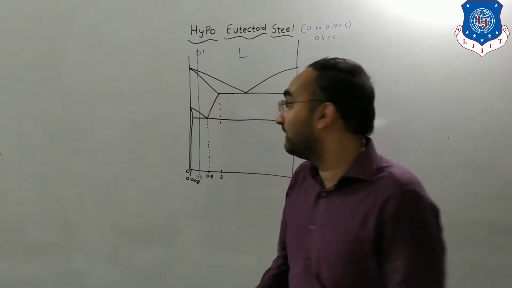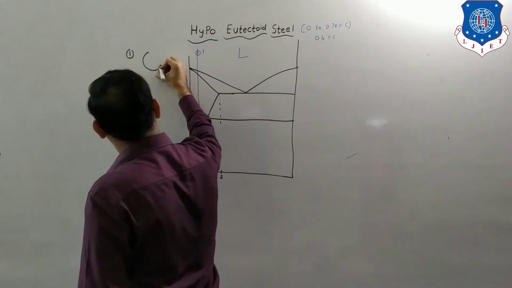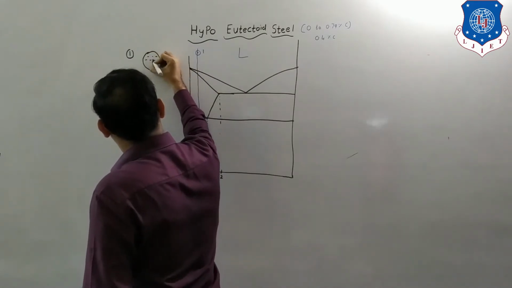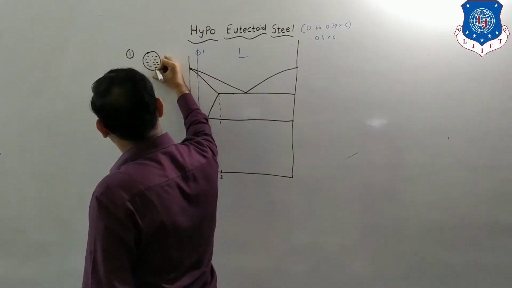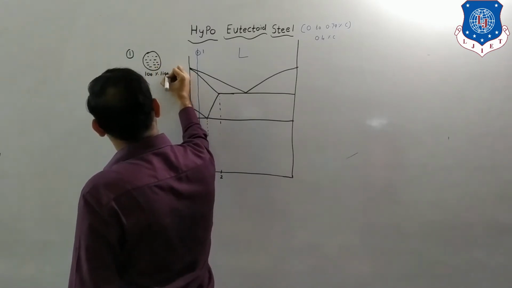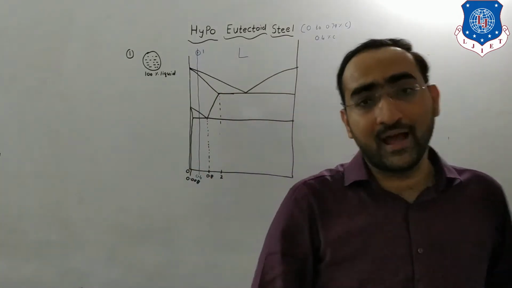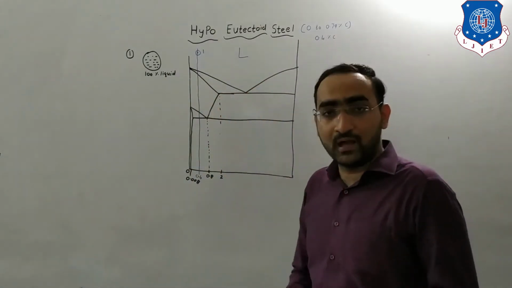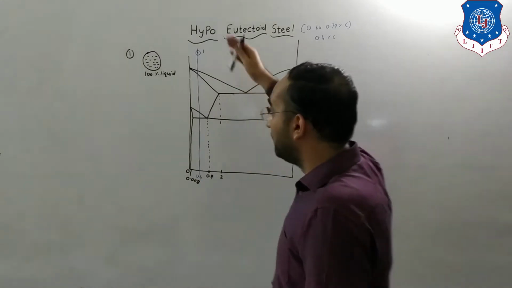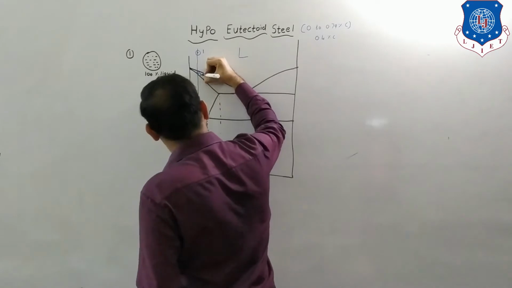So how does the liquid appear? The liquid region appears as 100% liquid iron. Now when we move from top to bottom, the second point comes under this region.